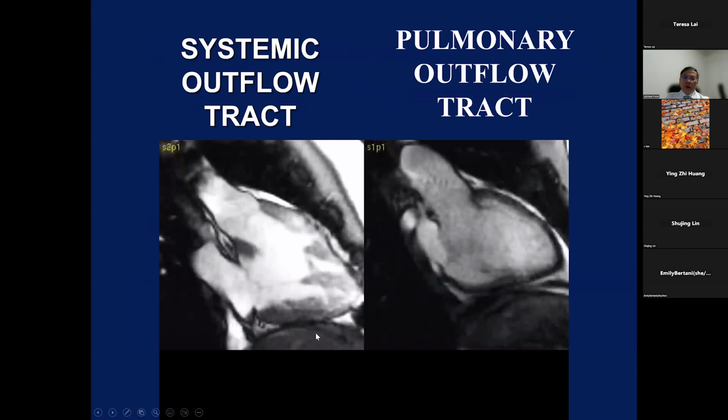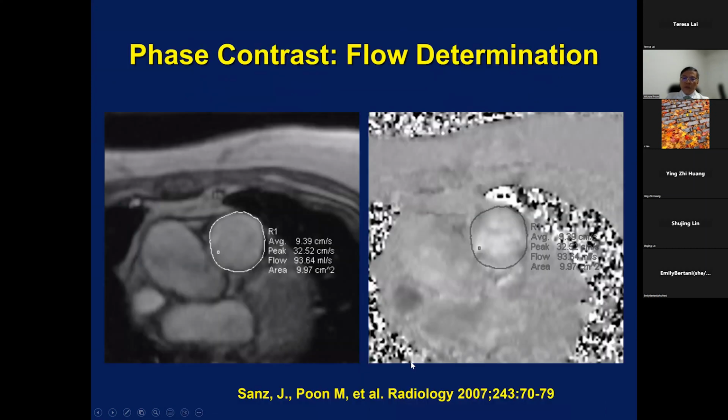And this is some of the work that I did when I was at Mount Sinai. We developed the protocol to study systemic flow versus pulmonic flow. This helps me assess pulmonary hypertension patients to see if they have severe pulmonary hypertension. And this work that I did at Sinai was published, showing that indeed MRI can be used to assess the severity of pulmonary hypertension based on the transit time.